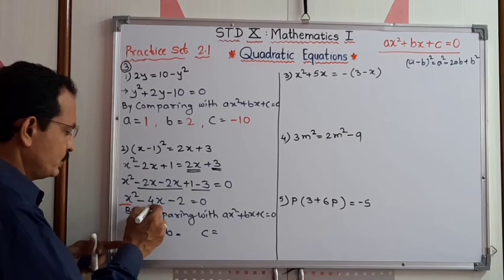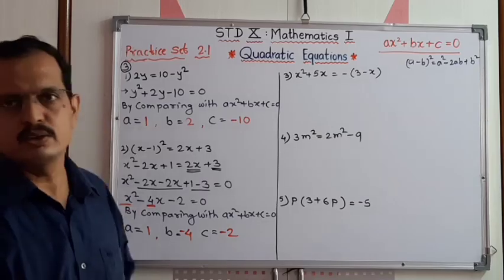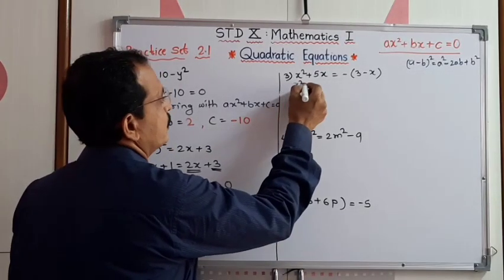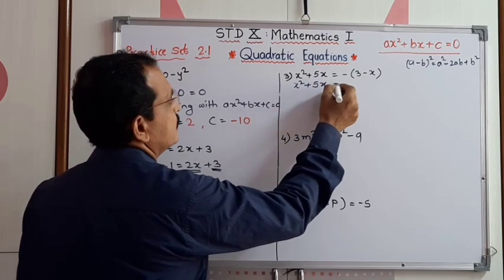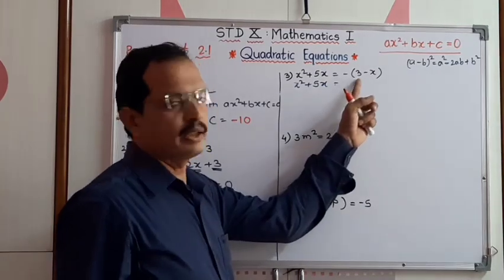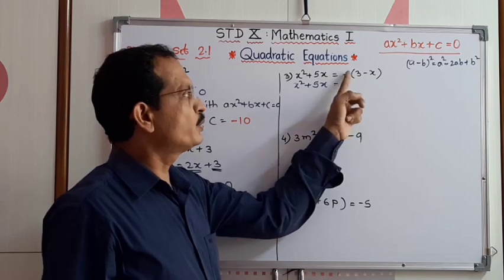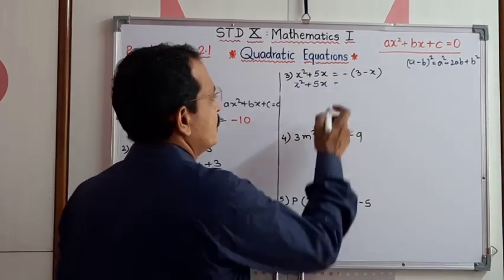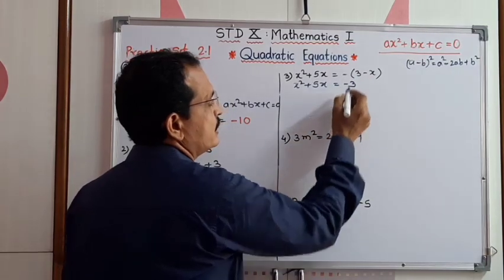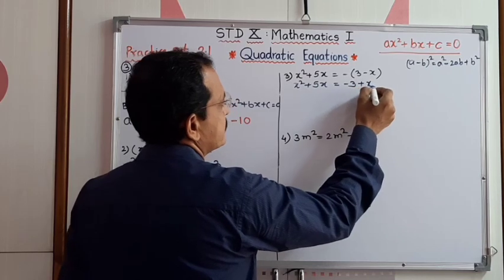B is equal to minus 4 and c is equal to minus 2. Let's see the third one, x square plus 5x minus in bracket 3 minus x. That means we have to multiply this bracket with minus 1, therefore it will become minus 1 into 3, it is minus 3, and minus 1 into minus x, it is plus x.